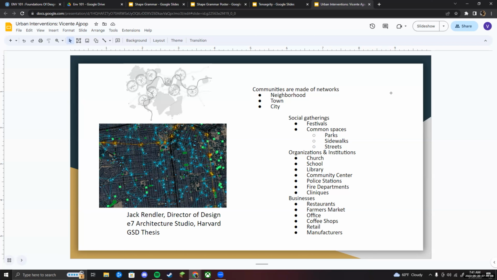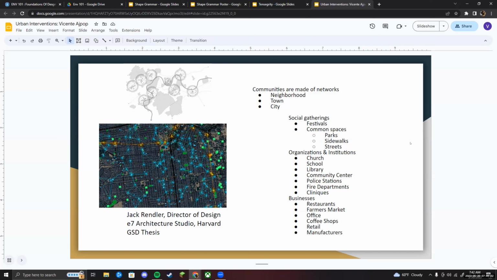So tensegrity can be seen in communities. Communities are basically made out of networks. There's neighborhoods, towns, cities. The network includes social gatherings such as festivals, common spaces like parks, sidewalks, and streets.